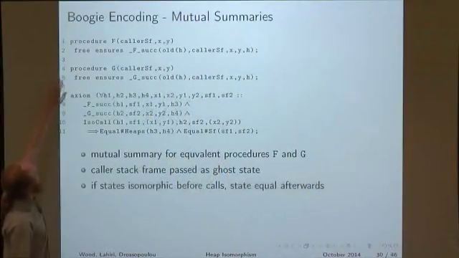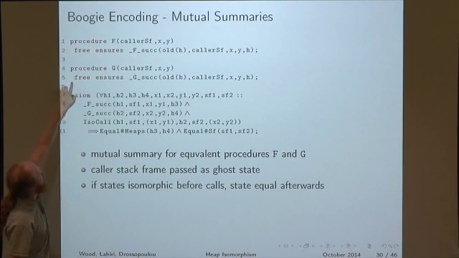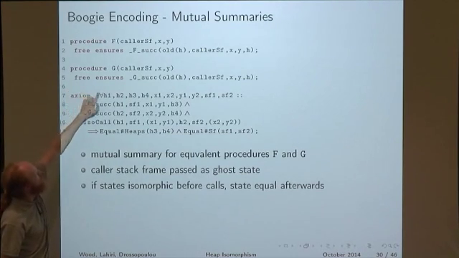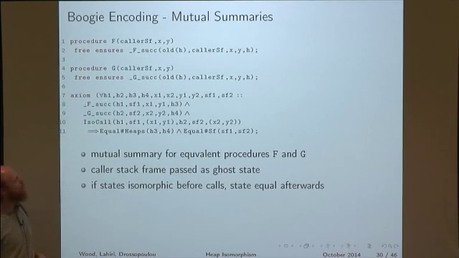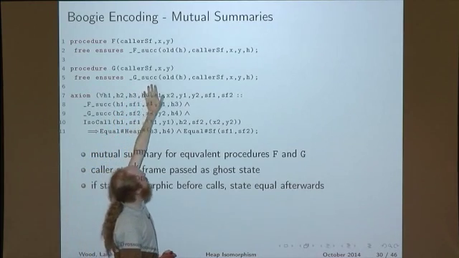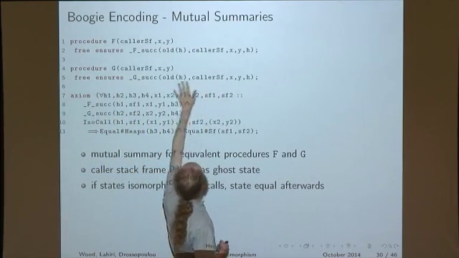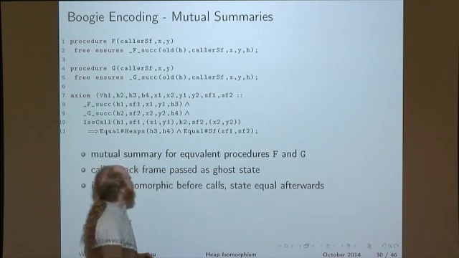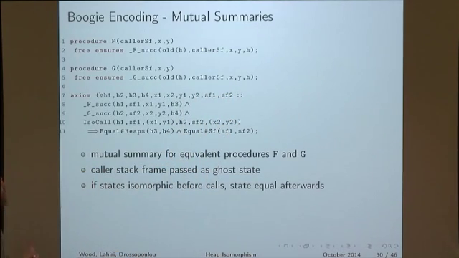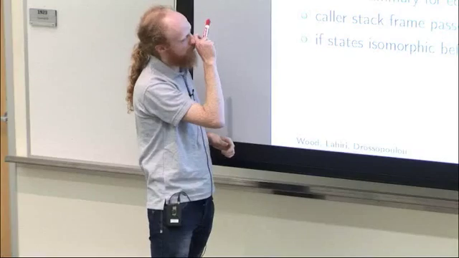We give the procedures F and G this free postcondition, which is a postcondition that you just get to assume after a call to either of these procedures, but it's not checked. Boogie doesn't check it for the body of these procedures. This summarizes the pre-state of the procedure call and the post-state. We have to pass the pre-state as ghost state here.